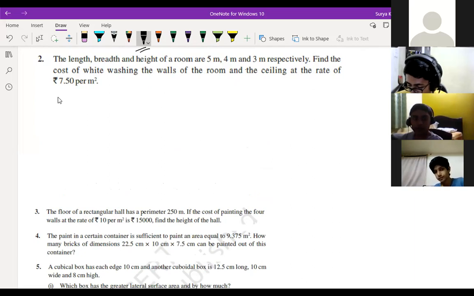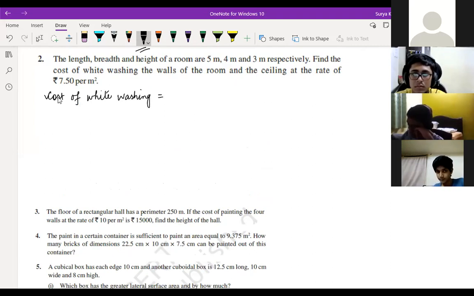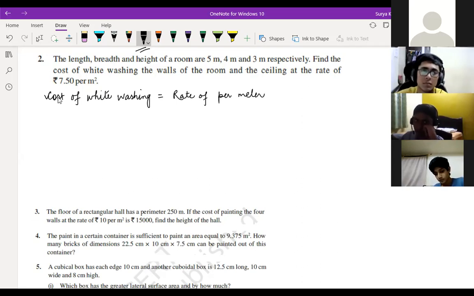So they are asking the cost of whitewashing. So cost of whitewashing is equal to what should we write, children? Rate per meter square multiplied by what?